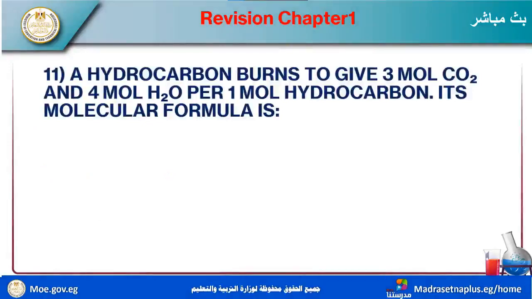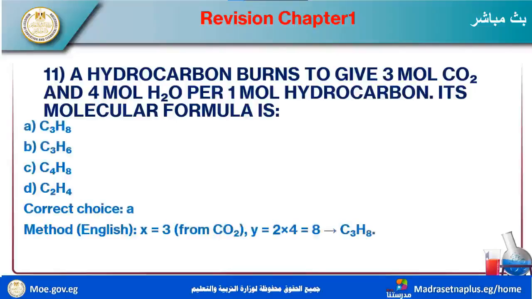A hydrocarbon burns to give 3 moles of carbon dioxide and 4 moles of H2O per 1 mole of hydrocarbon. Its molecular formula is what? We must find which hydrocarbon by using 3 CO2 and 4 H2O.